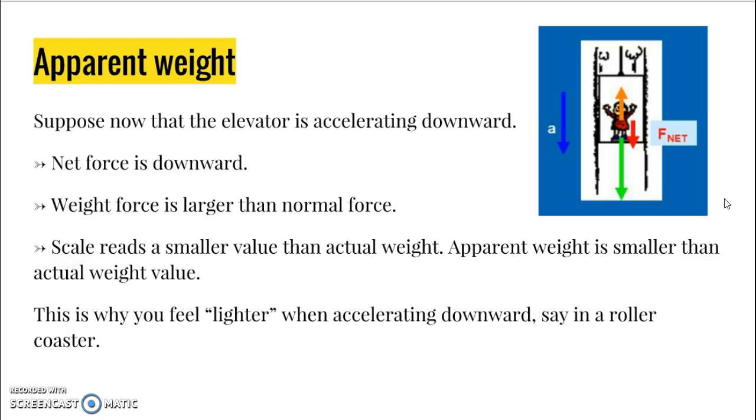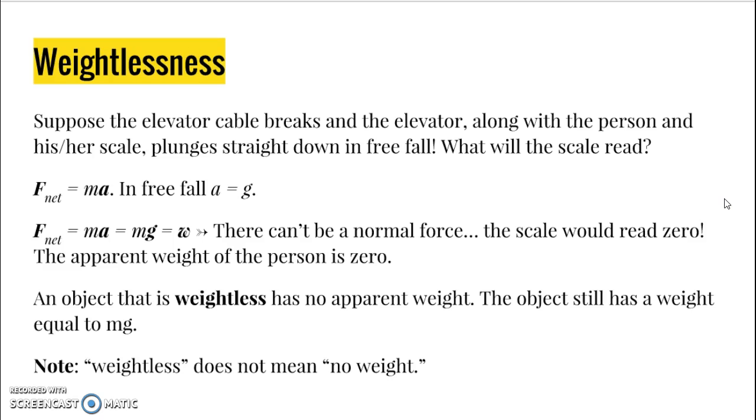What would happen as our acceleration gets bigger and bigger to the biggest value it could be? In a sense we're doing the same thing by saying we know our net force is mass times acceleration, and in free fall our acceleration is going to be equal to g, 9.8 meters per second squared on Earth. So therefore our net force has to be equal to m times g. And m times g, whoa, that's our weight.